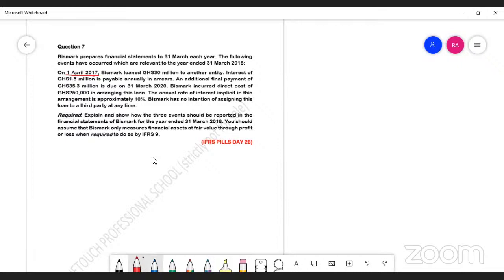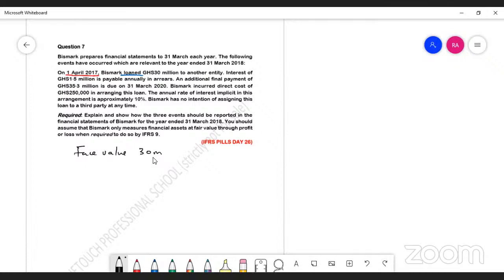The underlying word is loaned. The word loan, that verb should tell you that it's a financial asset. Bismarck is the one giving money out. It's a financial asset. So we have face value to be 30 million.